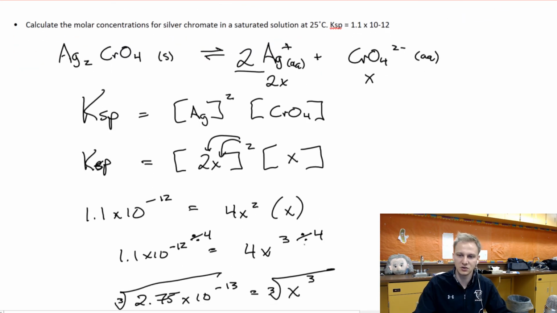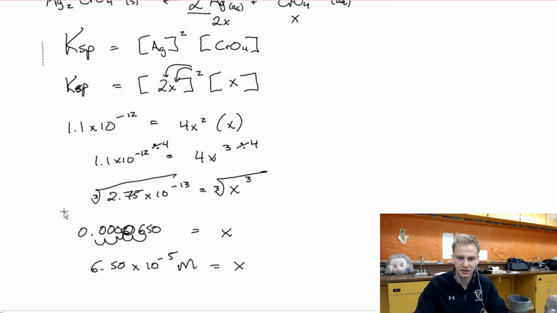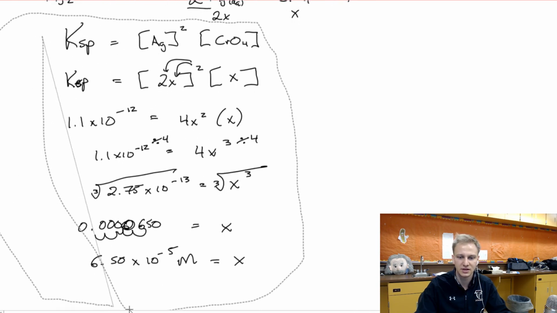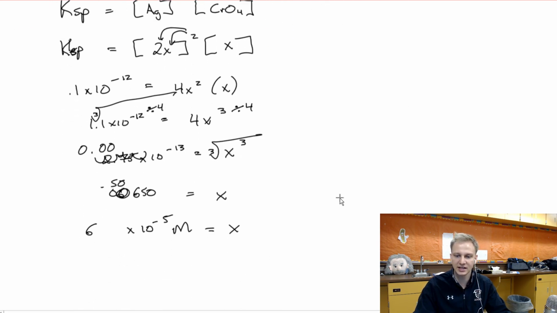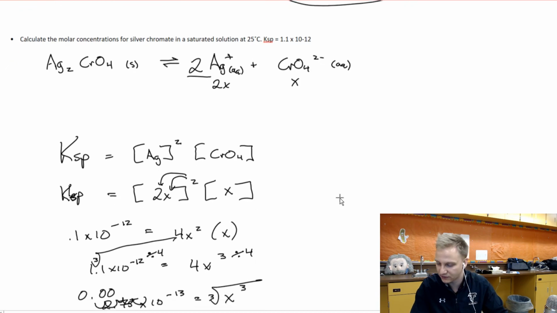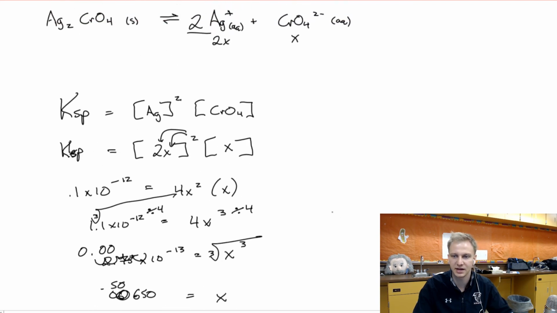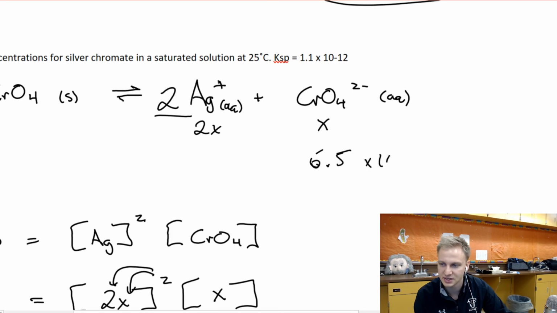What we could do then is bump all of this content down a little bit so that we have a bit more room to work with. We knew that our x value was 6.5 times 10 to the minus 5, and so we know that this one here will be 6.5 times 10 to the minus 5.